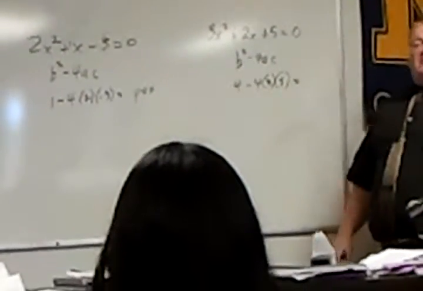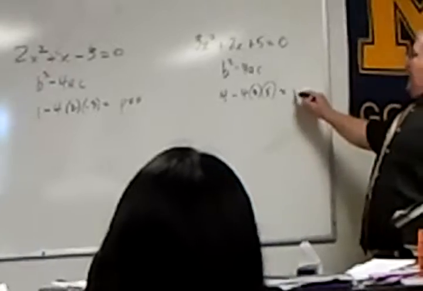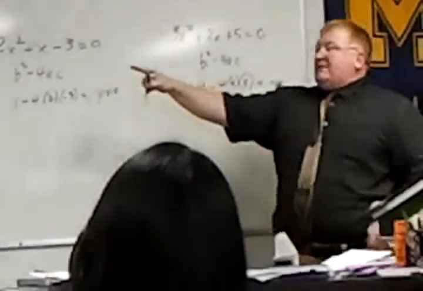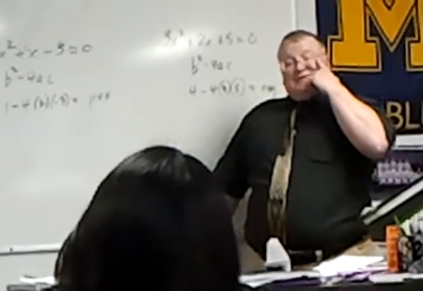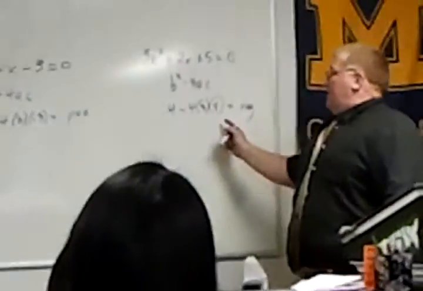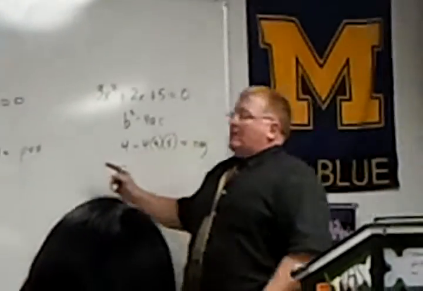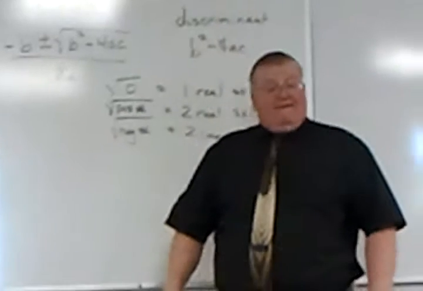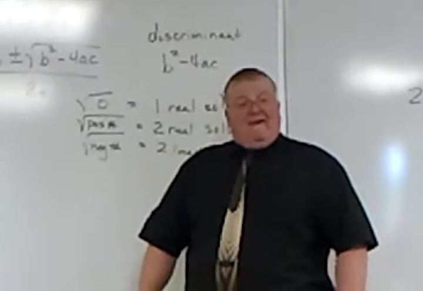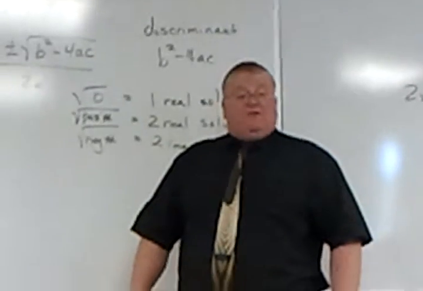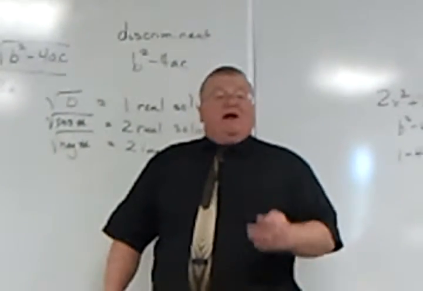Is my number positive or negative? It's negative, so the answer is 2 imaginary solutions. You call it imaginary because it's going to give me the square root of a negative number. What's the square root of any negative number? Plus or minus i.